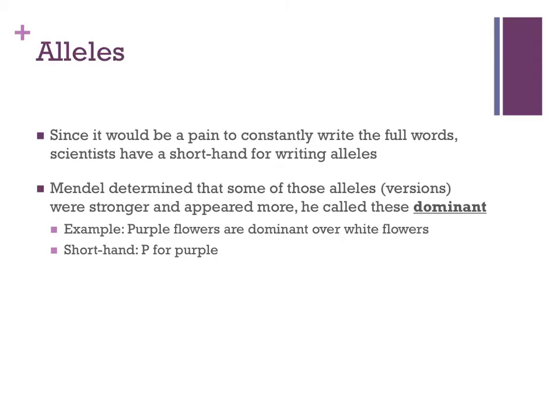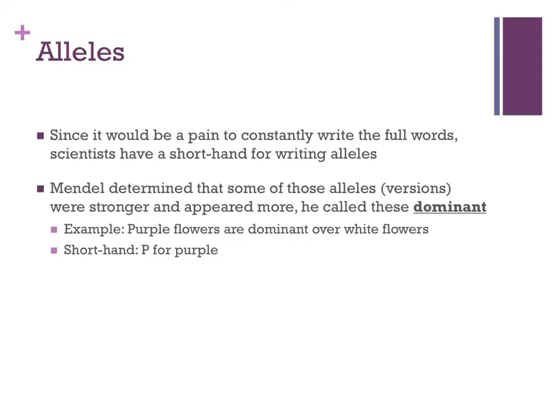Okay, so it would be a really big pain in the butt to constantly write out purple, white, tall or short, thin or thick, round or wrinkled. So scientists, because we tend to be lazy, have a shorthand for writing down the different versions of the trait, those alleles.